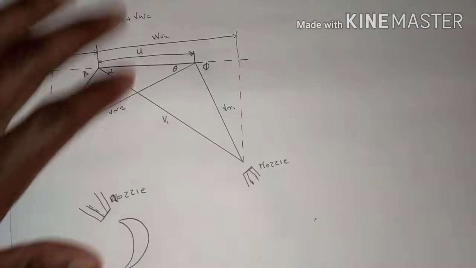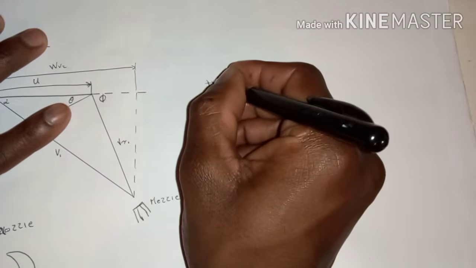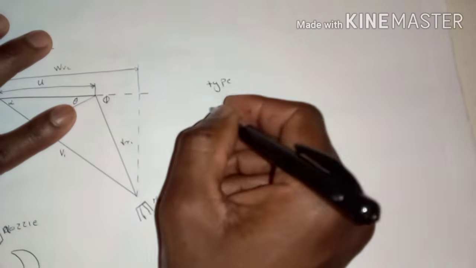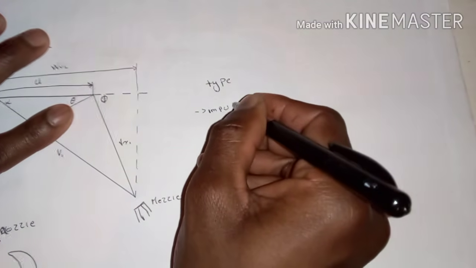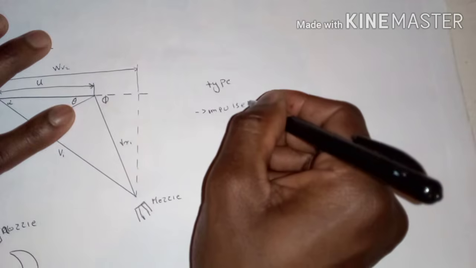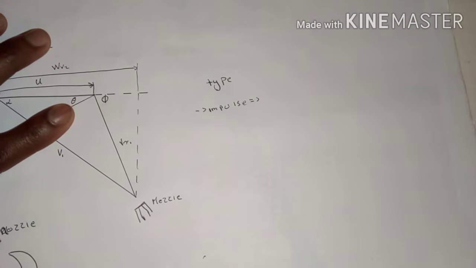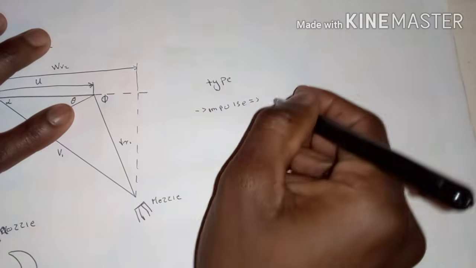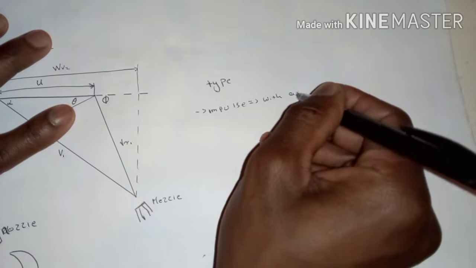So now we know that there are types of velocity diagrams. We have an impulse turbine, where they will tell you to draw a velocity diagram with axial thrust.